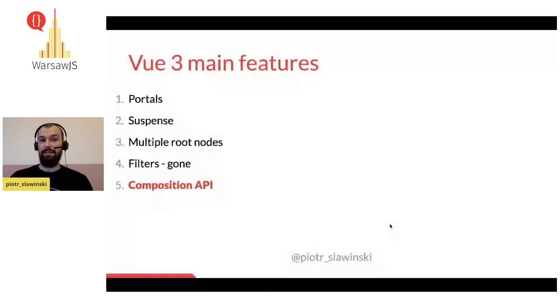Filters is a feature already present in Vue 2, but it will be gone in Vue 3, because the same results can be obtained by methods. And also, of course, the Composition API, which I will describe in detail on the next slide.